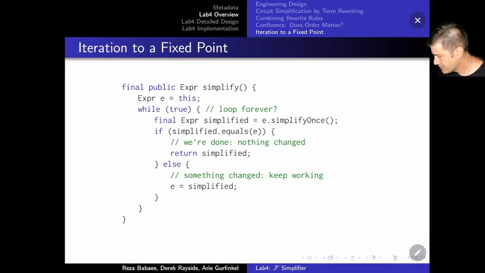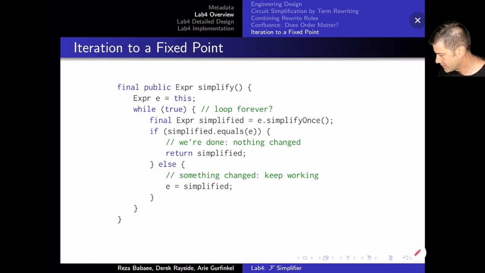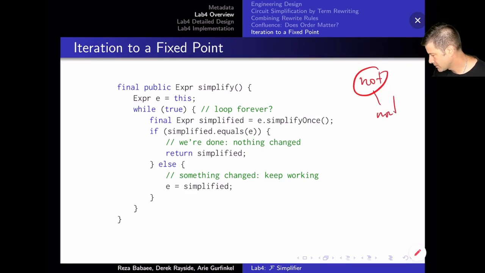For each different kind of expression, we'll have a simplify once method, which will look at the AST rooted at that particular node and see if any simplification rule is applicable. And it will apply that simplification rule once. So for example, if the expression happens to be not something else.